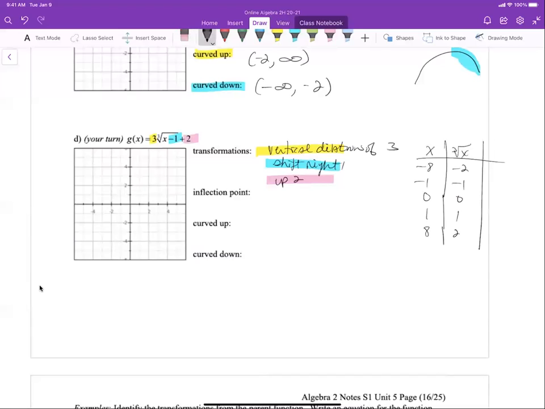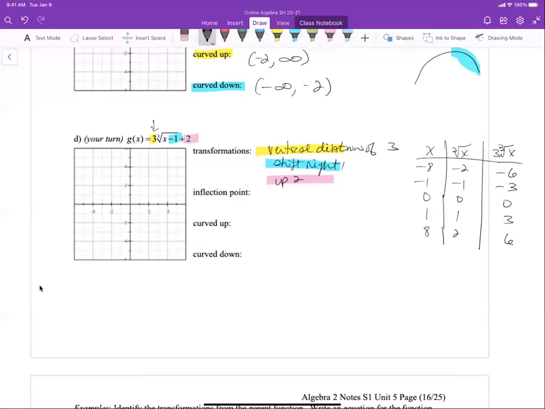Now, we have to multiply the output that you normally would have got by 3. So now I have to take that value and multiply it times 3, cubed root of x. So if I would have normally gotten -2, I'm going to get -6. -1 will become -3. 0 is still 0, 1 is 3, 2 is 6.